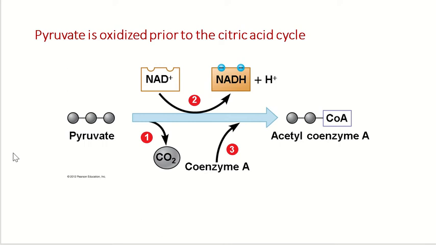Now these electrons in turn will be donated to another molecule, and in this case that would be NAD+. So in this particular figure, as you can see, you have NAD+ here having 2 slots. Those 2 slots will be primarily for those 2 electrons that were removed from the 2-carbon compound. Hence, NAD+ will be reduced to NADH.